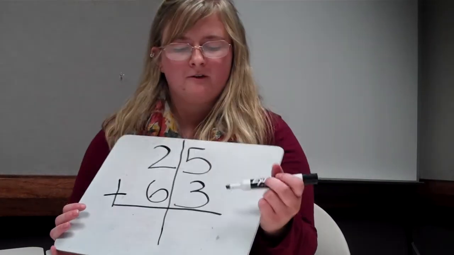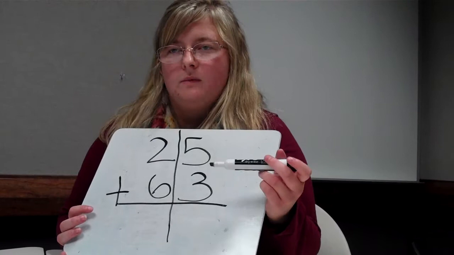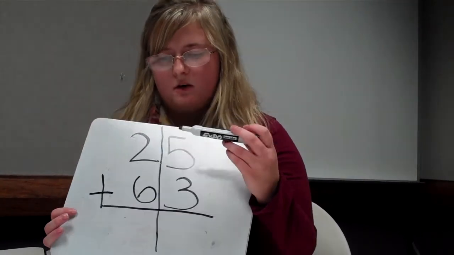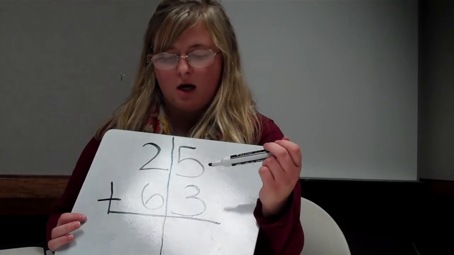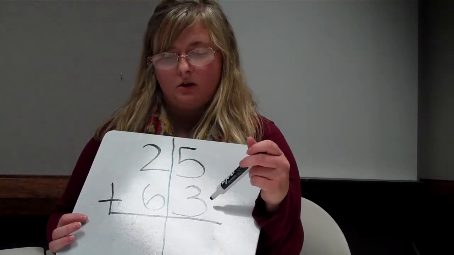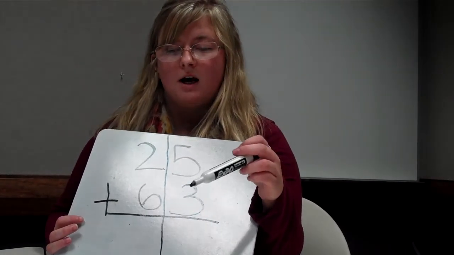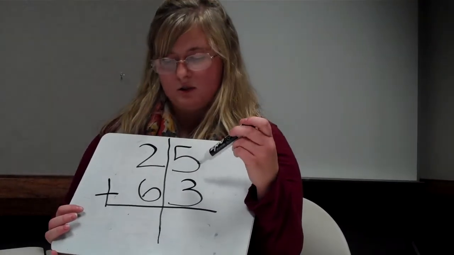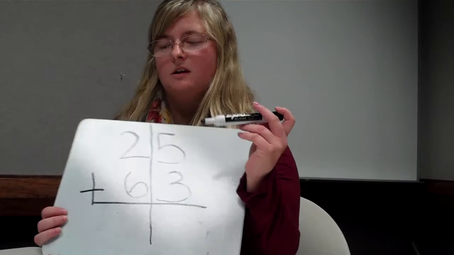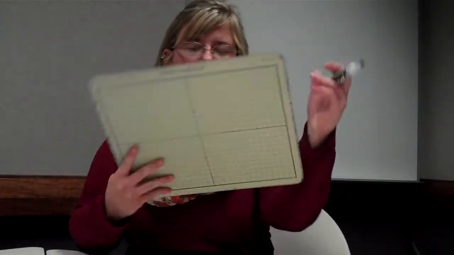Alright, so what was the first step that we do? The ones place, right? Okay, so I'm going to put your finger on the 5, and I want you to go up how many? 3. Okay, ready? 5, 6, 7, 8. Good. So what's 5 plus 3? 8. Okay.